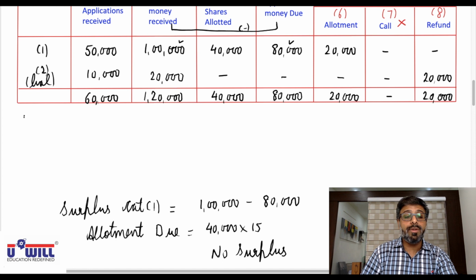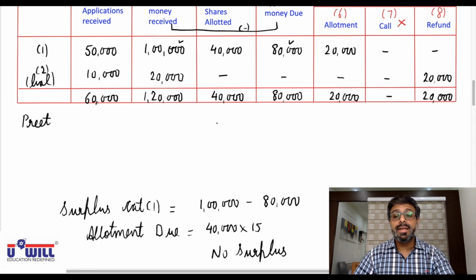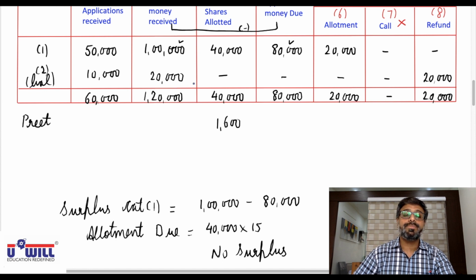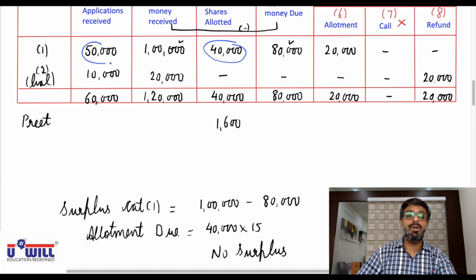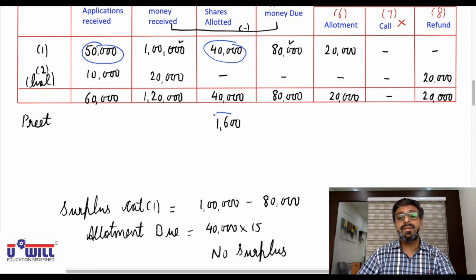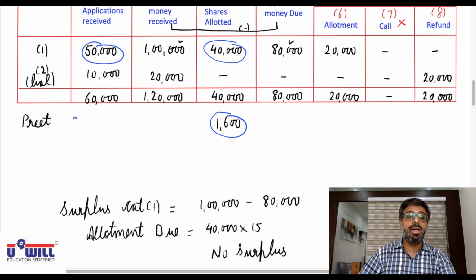So here we will do it for Mr. Preet. How will we do it? 1600 shares are allotted. Now, when 40,000 shares are allotted, 50,000 applications are received. So 1600 shares allotted, how many applications would be received?